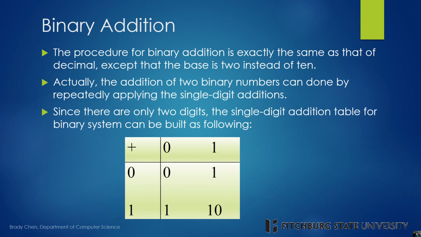The procedure for binary addition is exactly the same as that of decimal, but you need to remember that binary is a base 2 numeral system instead of base 10. The addition of two binary numbers can be done by repeatedly applying single-digit additions. This is just the same as decimal.